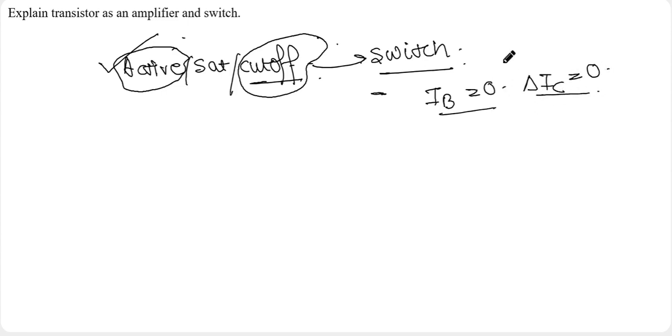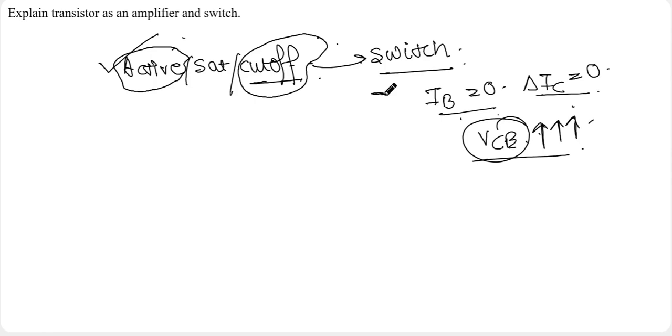As in both cases the current value is 0, the voltage at the collector, VCE, will be maximum. As this value increases, the depletion layer will increase. So this is the main principle of the transistor as a switch.